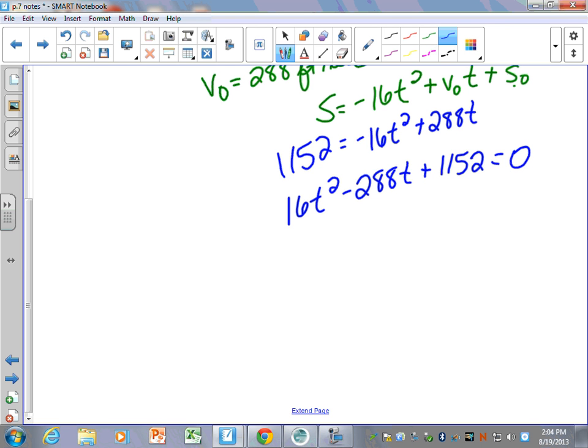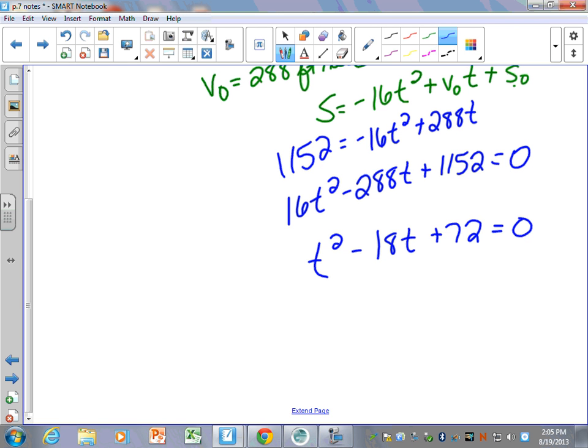But even if it didn't, I would at least divide the 2 out and try to make my numbers smaller before I go here. I think that becomes 18t, and I think this is 72 if I remember correctly. Yeah.